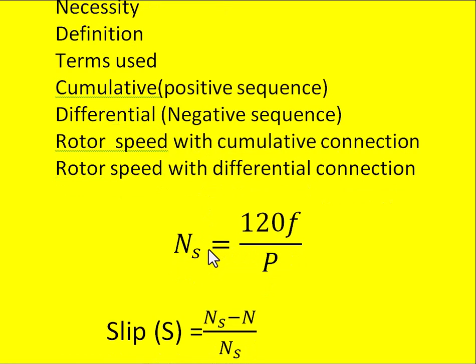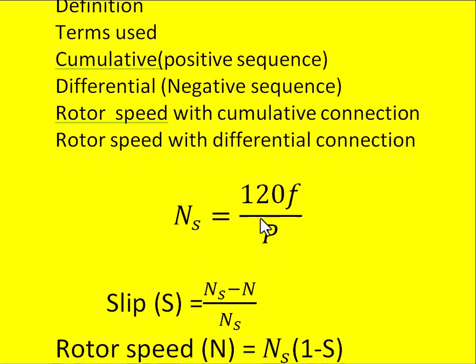The synchronous speed is ns equal to 120 f by p, where f is the supply frequency and p is the number of poles of the three-phase induction motor, and ns is the synchronous speed, which is nothing but the stator magnetic field speed.